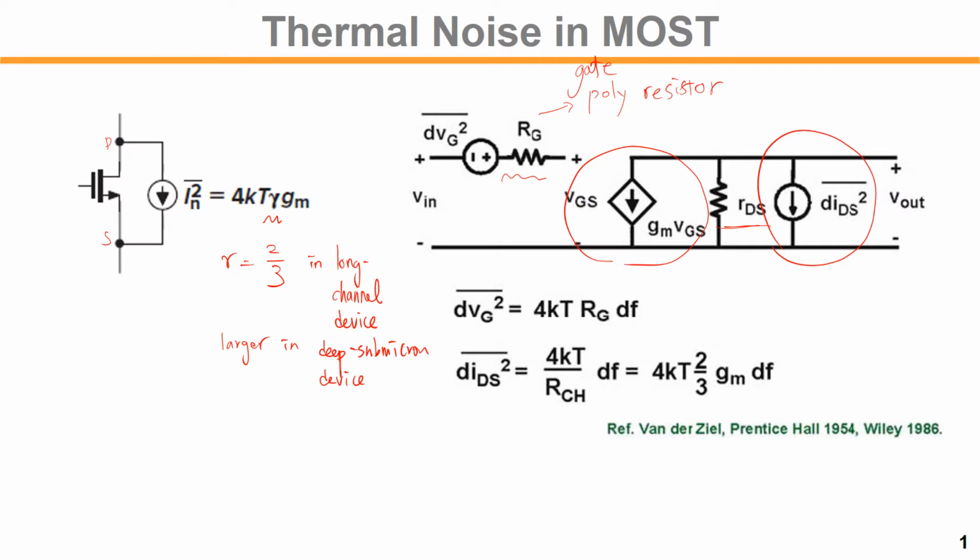So for the gate resistor we have a 4kTR noise voltage density, and for the current noise we have a current noise density 4kTγgm.